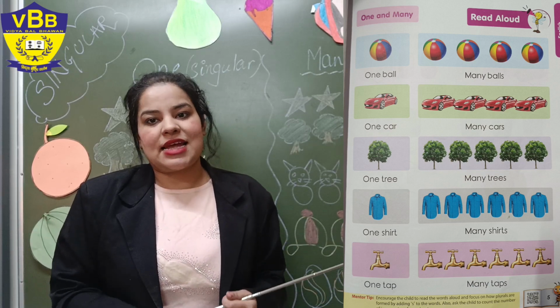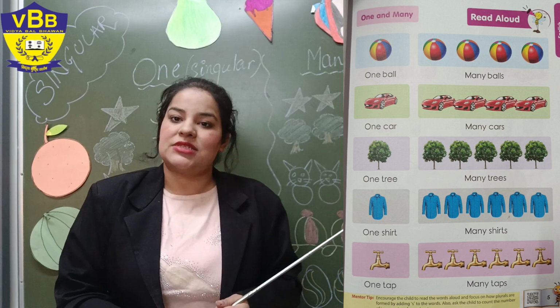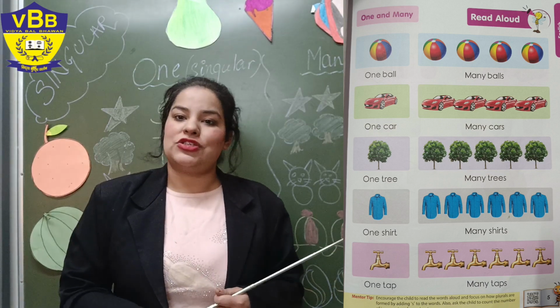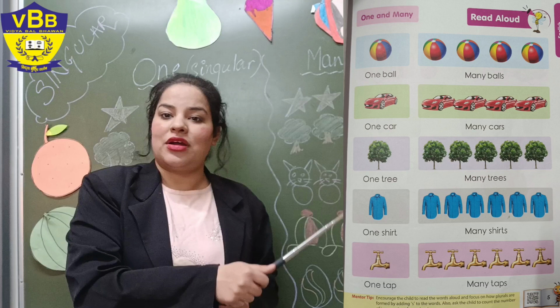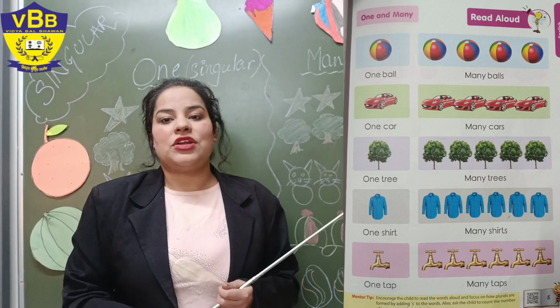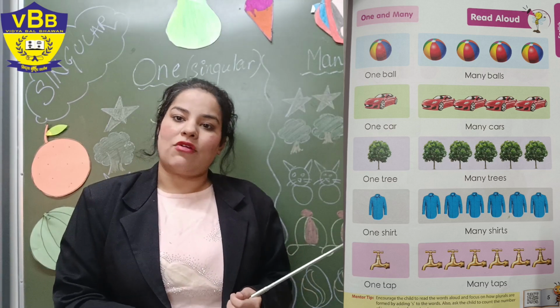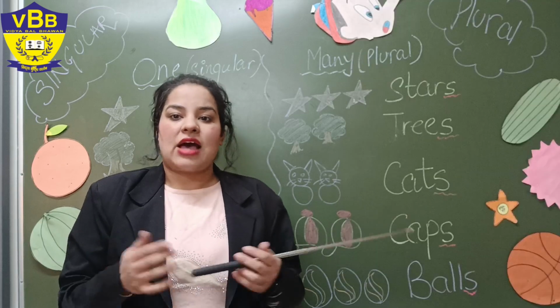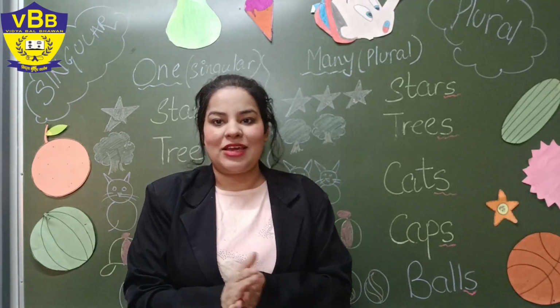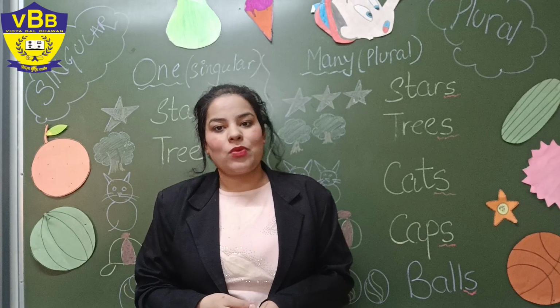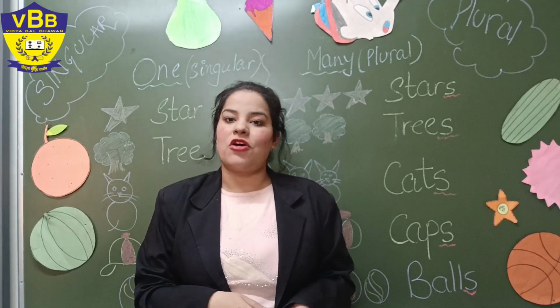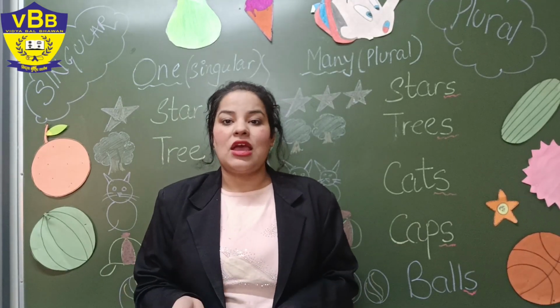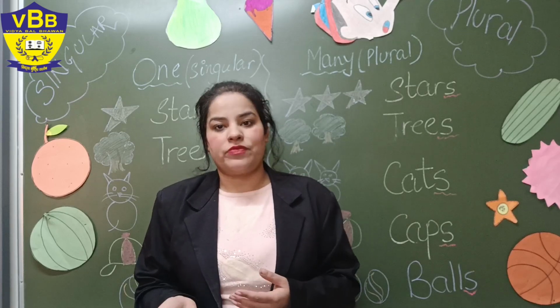Why do we use S at the end of the word tabs? Because we are changing singular form to plural form. So we generally use S at the end of the word. This is how we do one and many objects. In simple words, we use one for one object and many for more than one object.